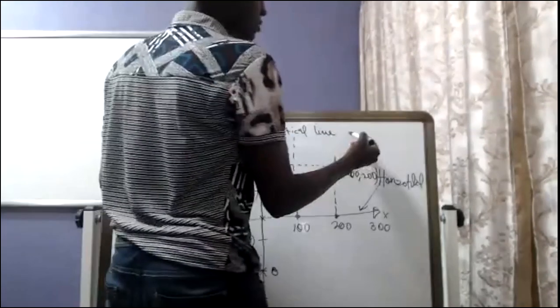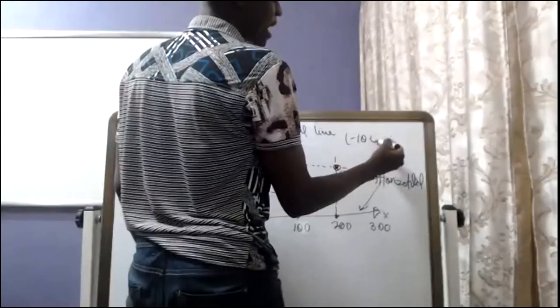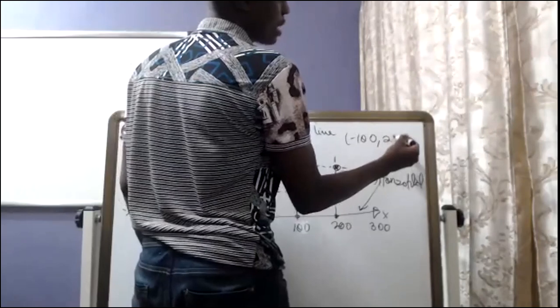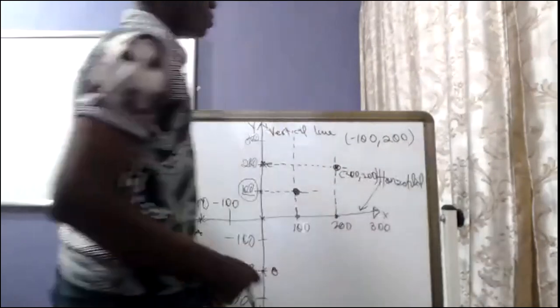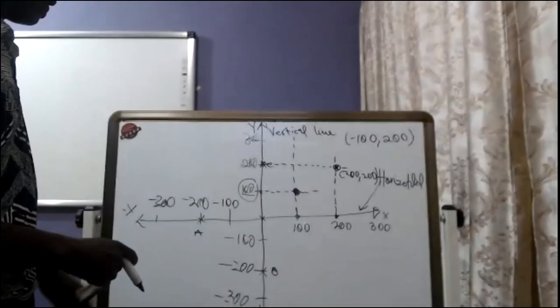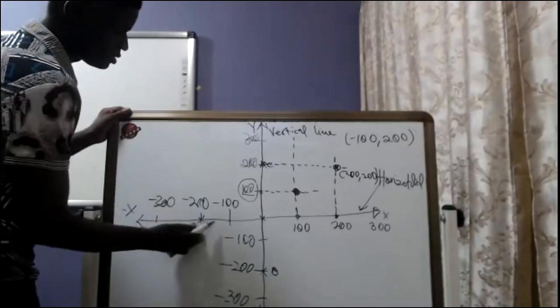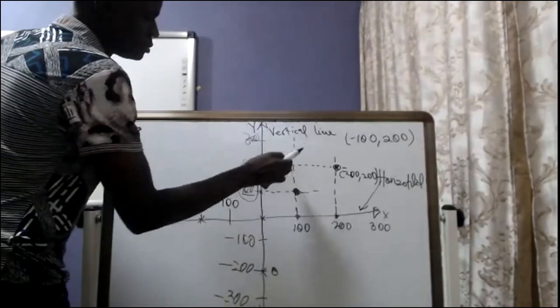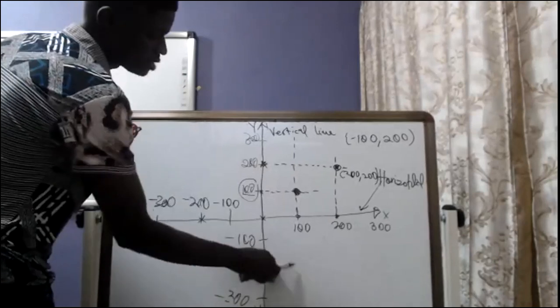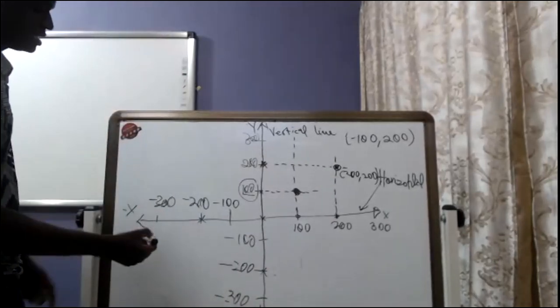Let's do it together. So I have negative 100 and 200. Where will it be? I am going to label the numbers so that you use the labels to identify them.